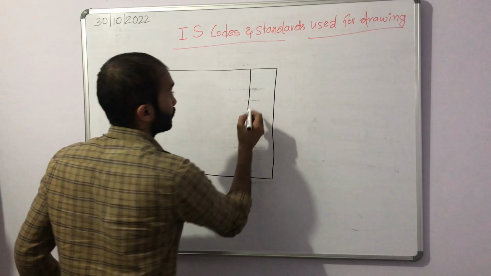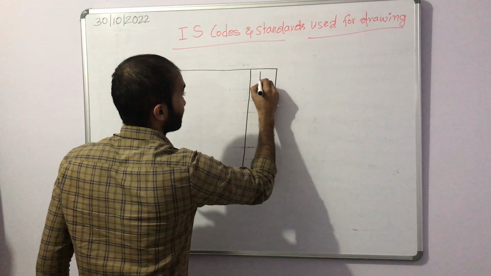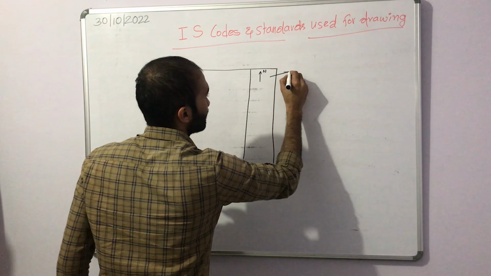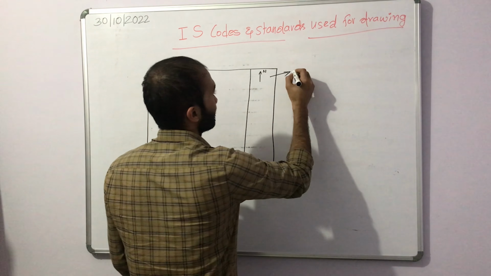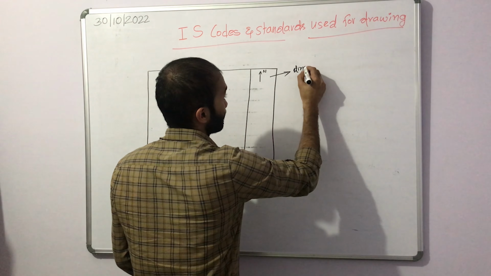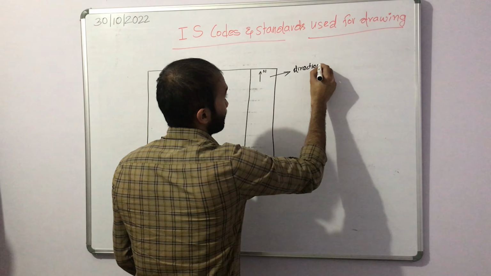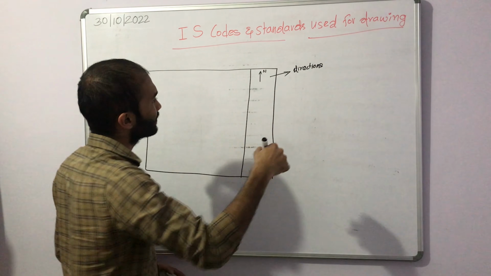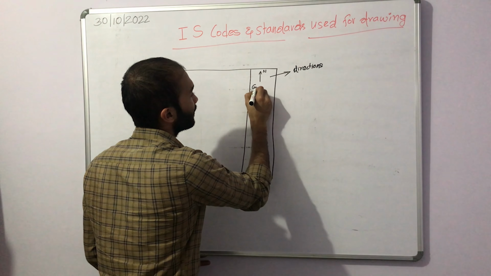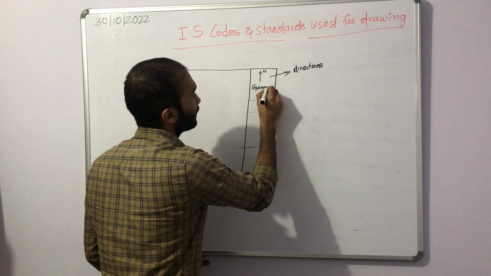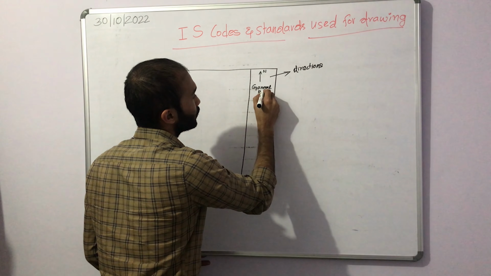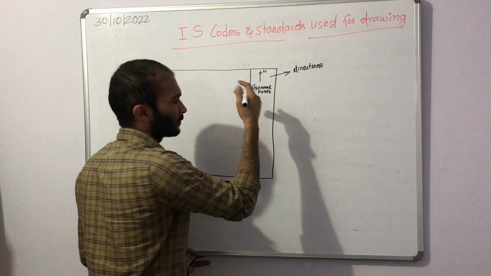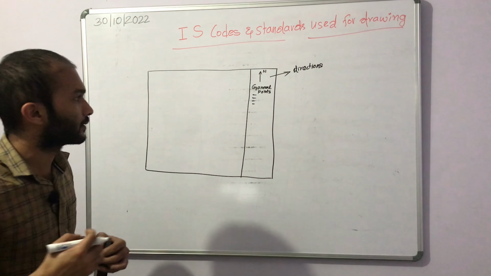Here first you will get the direction, say north, which you can write to show which direction my drawing is aligned. The next, if you come down here, you will find some general notes: point 1, point 2, point 3 and point 4, the focused points.